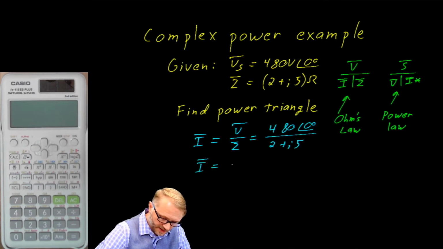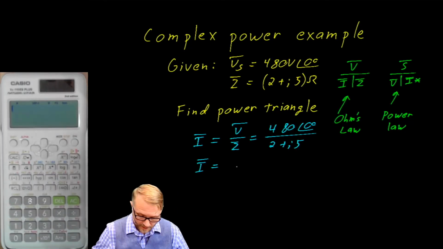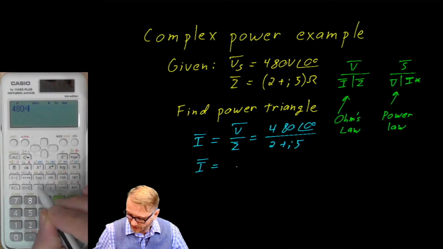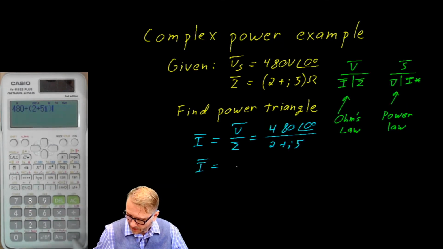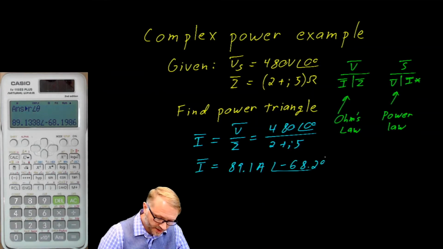That gives us a current of 480 divided by (2 plus 5j) equals, in polar form, 89.1 amps at a phase angle of negative 69.2 degrees.